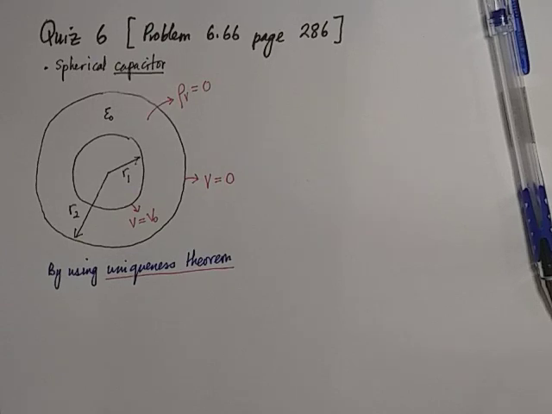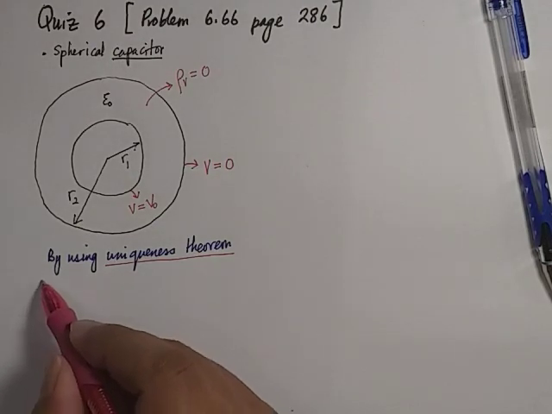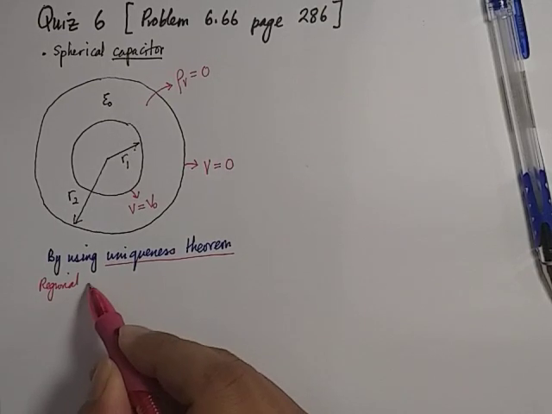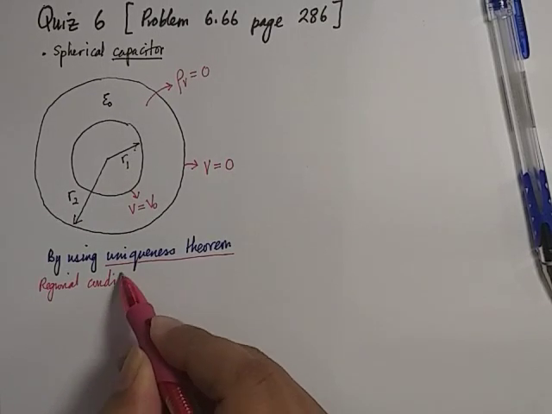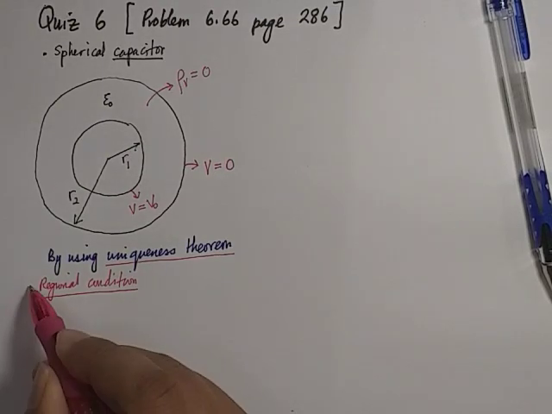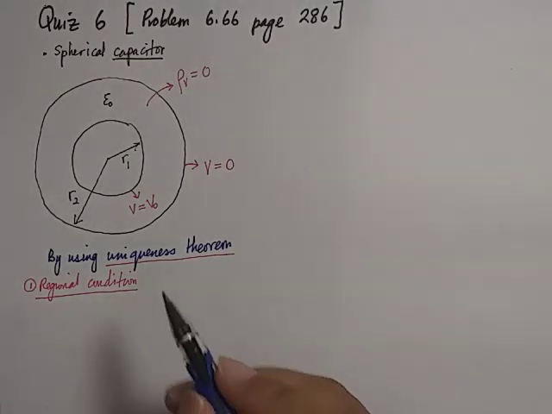Let's proceed now. So the first condition, I'm going to put a statement here: regional conditions. That should be our first requirement when we solve using the Uniqueness Theorem.